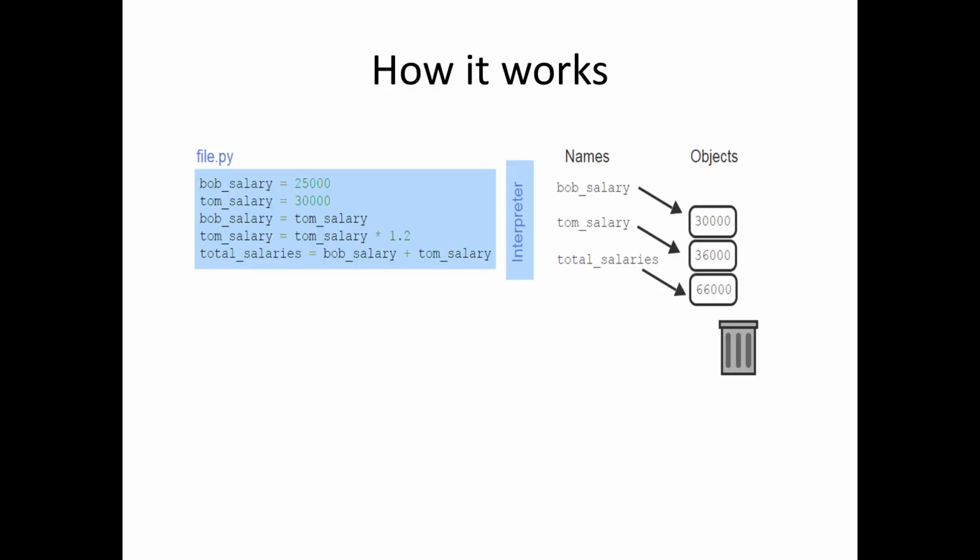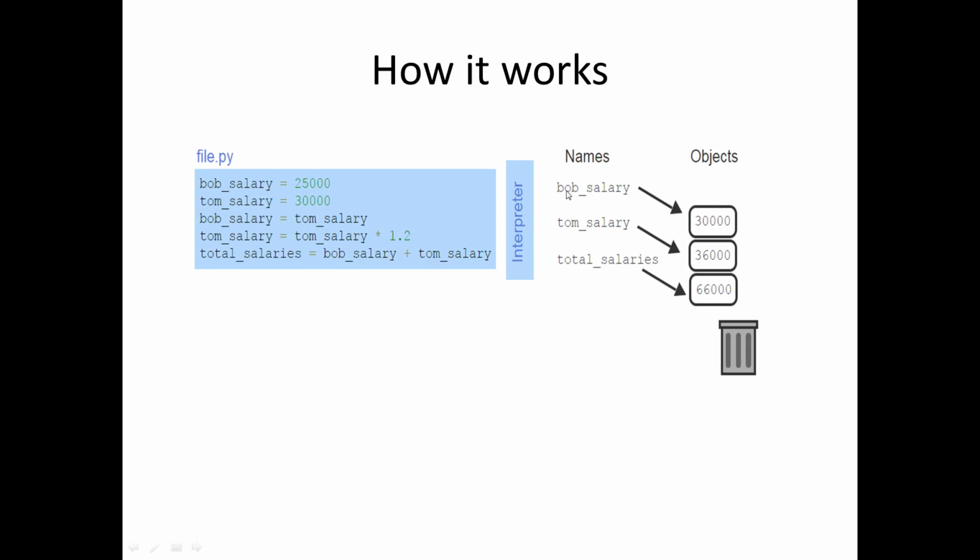Here's what's happening in the background. Let's say we have this assignment statement that Bob's salary equals $25,000 and Tom's salary equals $30,000. Just simple assignment statements. But let's say we want to make Bob's salary equal to Tom's salary. This statement here would do that, and it's executed by the Python interpreter in this way.